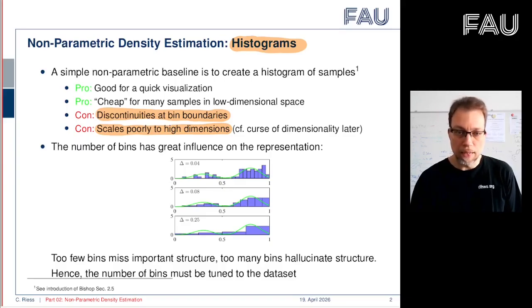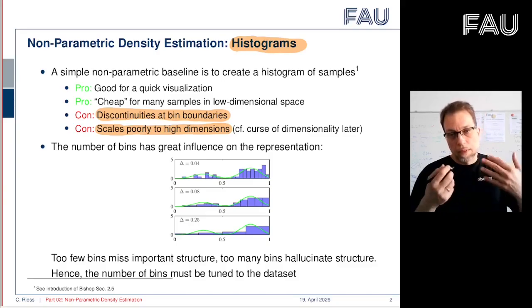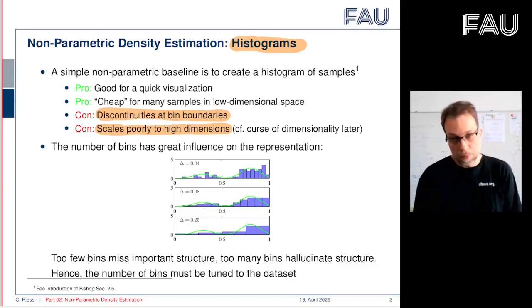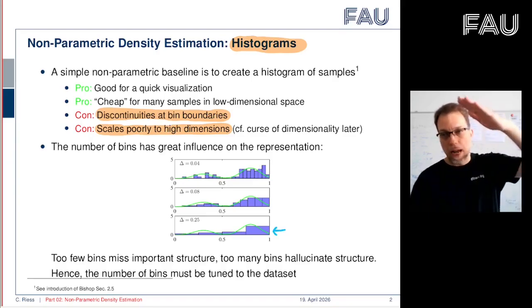In blue we see the bins, like the histogram bins of the observations drawn from that underlying density. And we see if we take a very coarse binning for bins here, then it just looks like a ramp, no?